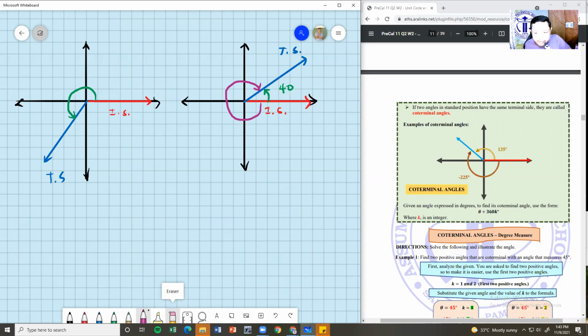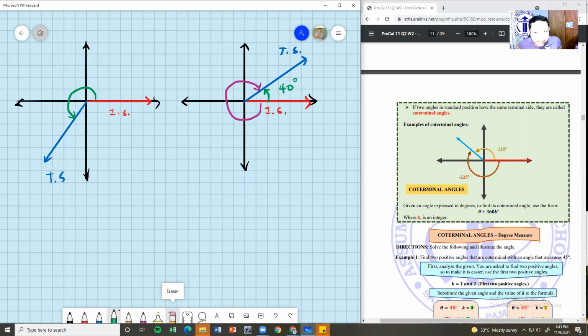Type your answer in the chat box, please. Very good. It's negative. That's correct. Simply because it is following the clockwise direction. Okay. Question. If the green angle measures 40 degrees, what do you think is the measurement of our purple angle?